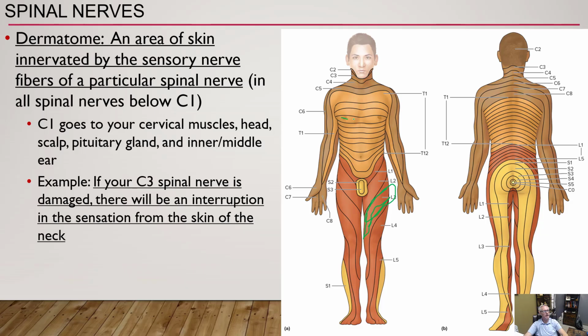If I'm having an issue with my nipple area, I could be having an issue with my T4 spinal nerve. The example here, if I'm having an issue with this area of my neck, my C3 spinal nerve might be involved.